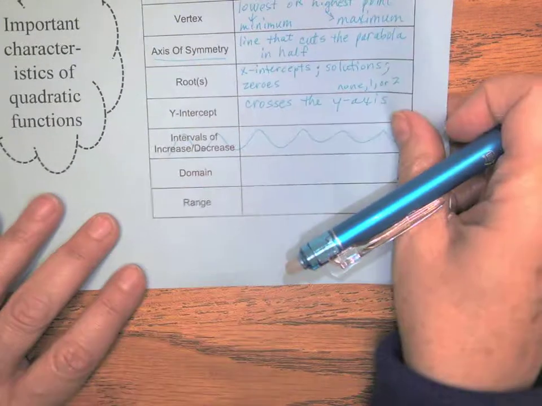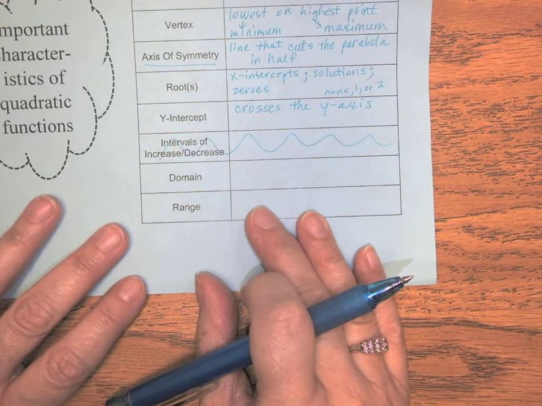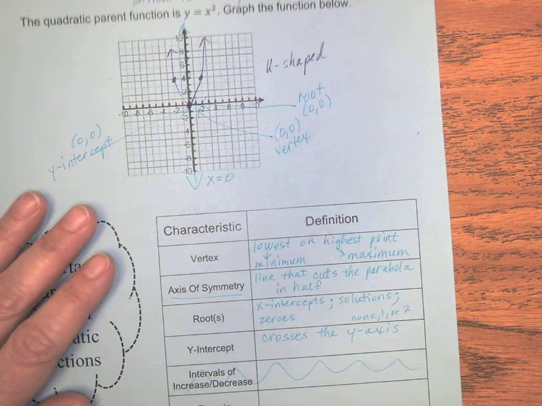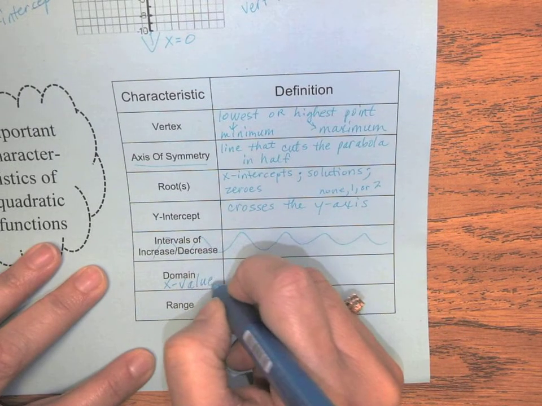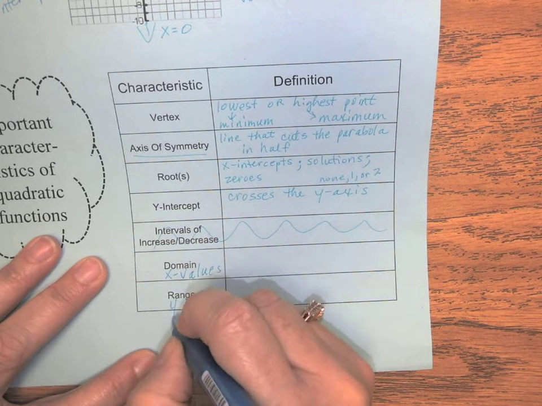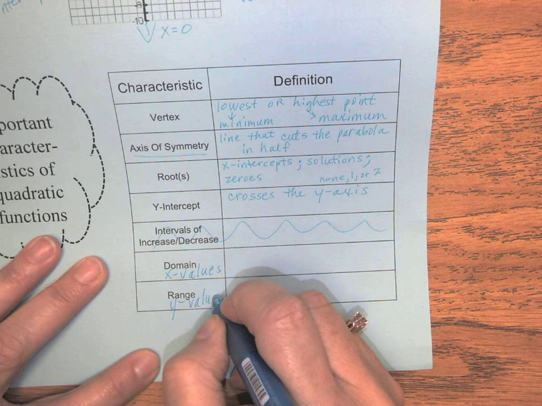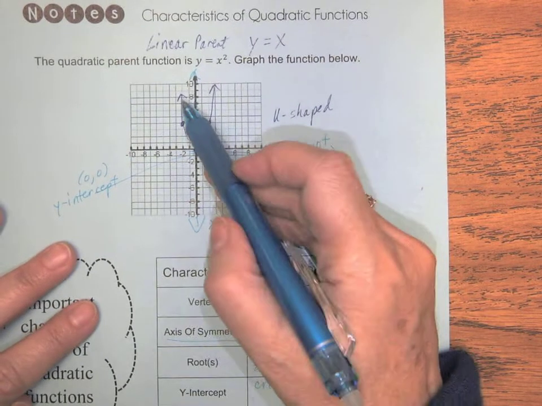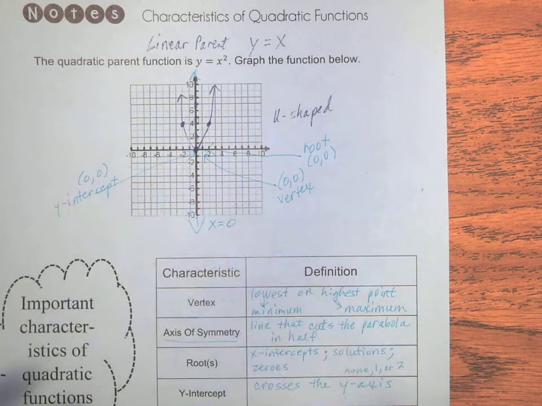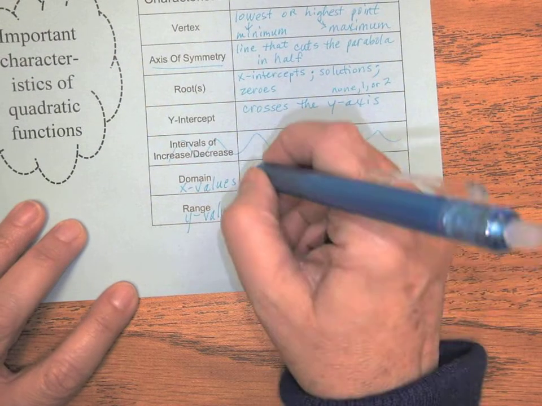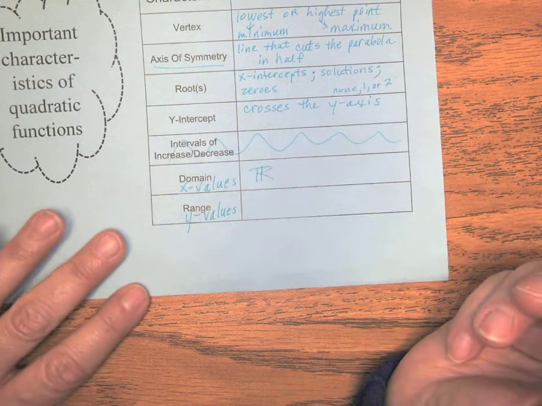And then let's look at the domain. The domain is the x values, right? And Dixie tells us that. And the range, Roy D tells us, is the y values. So in this one, does x have any boundary on the left or right? No, it goes forever and ever to the left and right. So the domain is all real numbers.